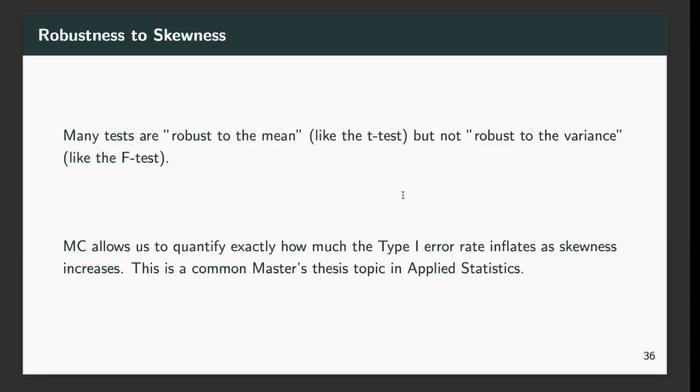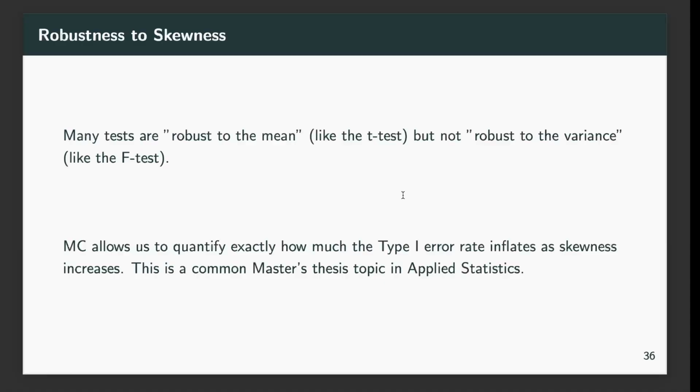We already saw this with the chi-squared test that we ran just now. The issue of asymmetry, which is the robustness of mean inference versus the fragility of variance inference, is quite an important subject that is worthy of further study. But Monte Carlo allows us to quantify exactly how much the type 1 error rates would inflate as the skewness increases.